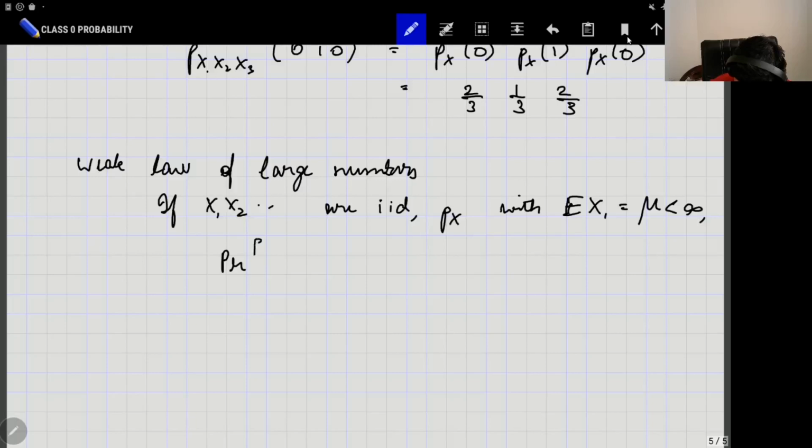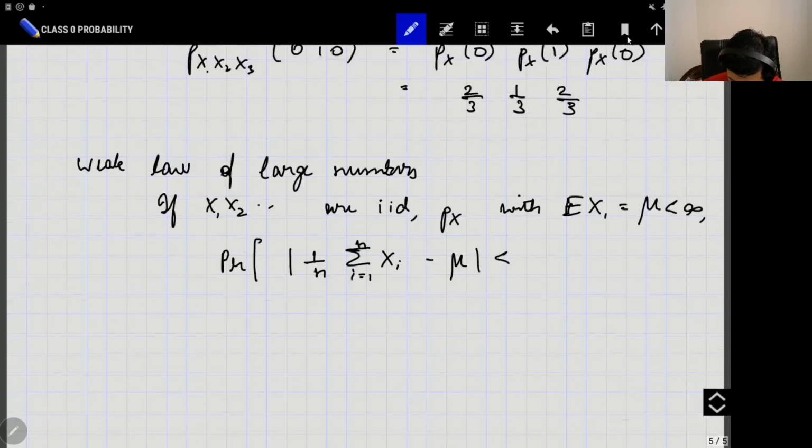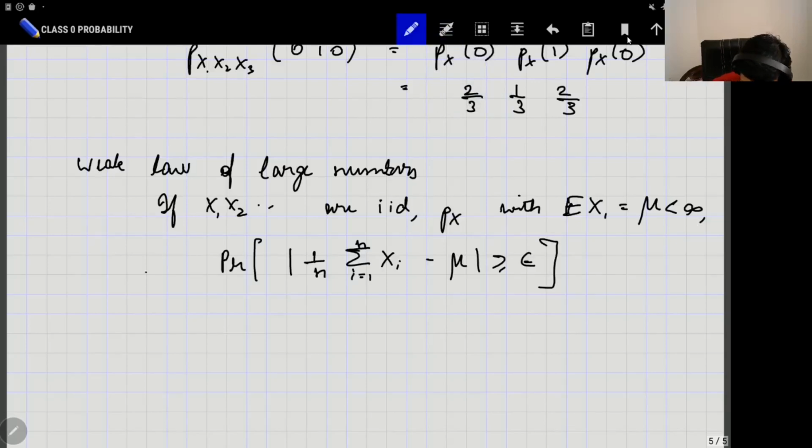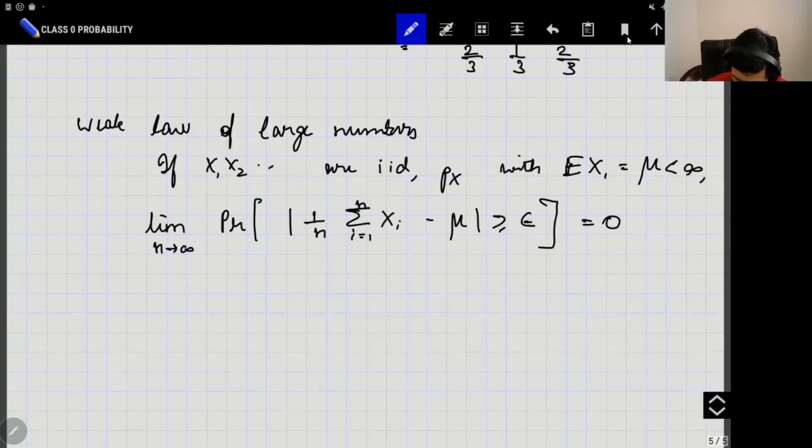So the probability that the absolute value of the difference between the empirical average, 1 over n summation i going from 1 through n of Xi, and the true mean, is greater than or equal to epsilon tends to 0 as n tends to infinity, for every epsilon greater than 0.